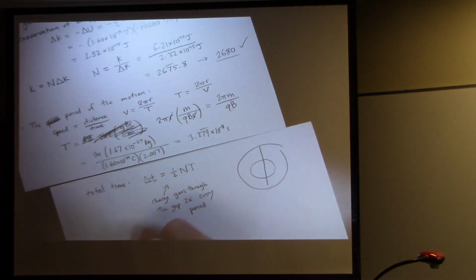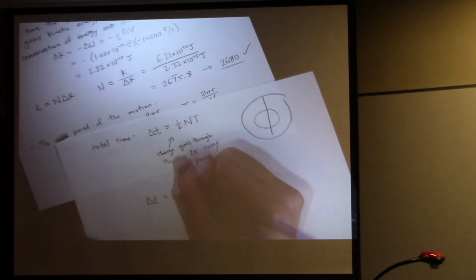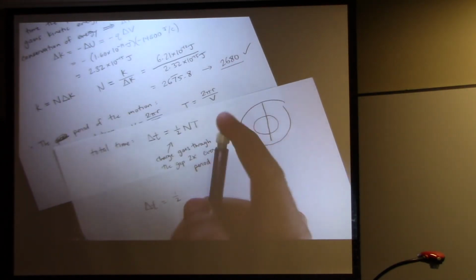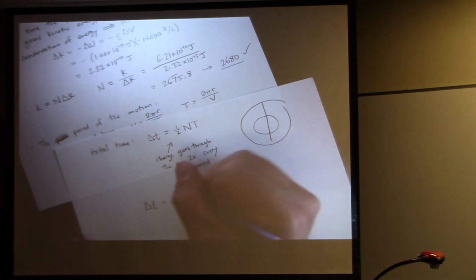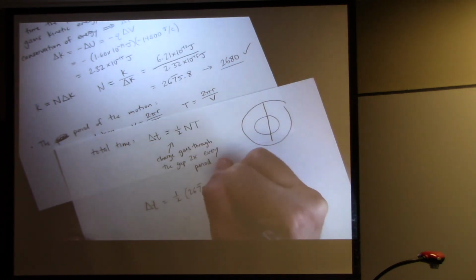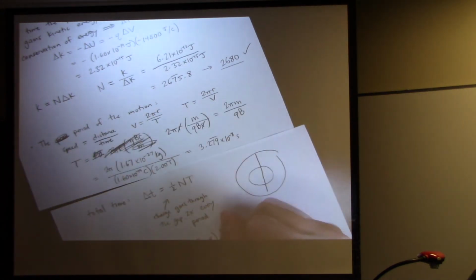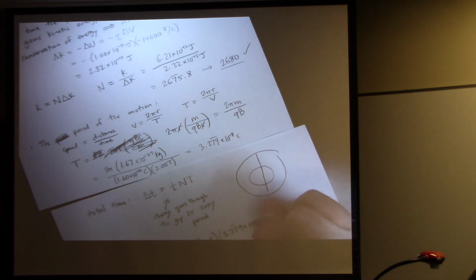So then our total time, which I'm calling delta T here, is 1/2 times n, the number of times we went through the gap, which was 2,675.8, just a pure number. And the period was 3.279 times 10 to the minus 8 seconds.